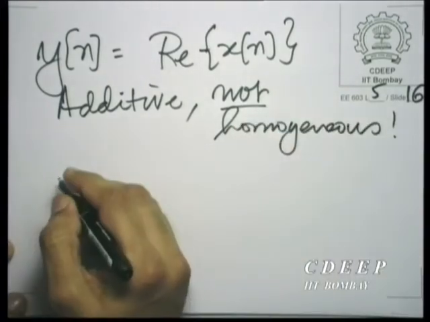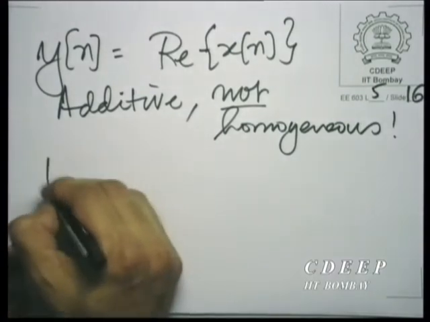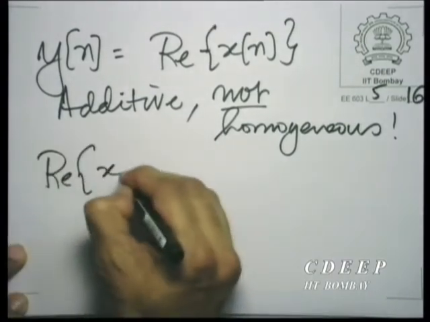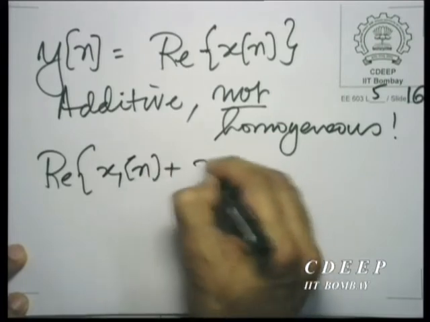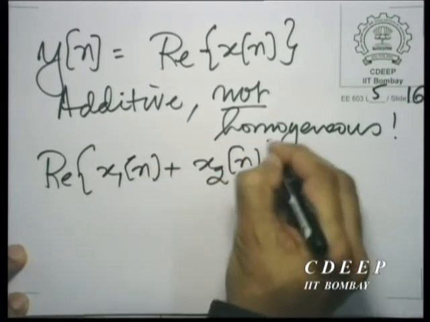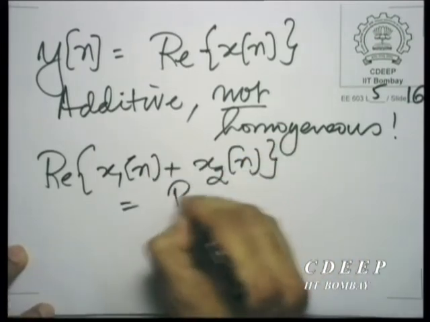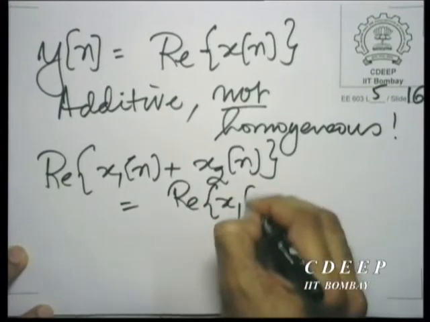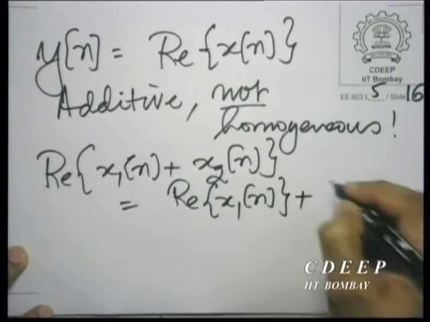In fact, it is very clear that real part of x1[n] plus x2[n] is equal to real part of x1[n] plus real part of x2[n]. So, additivity is of course true.